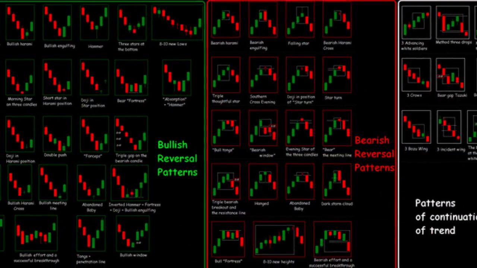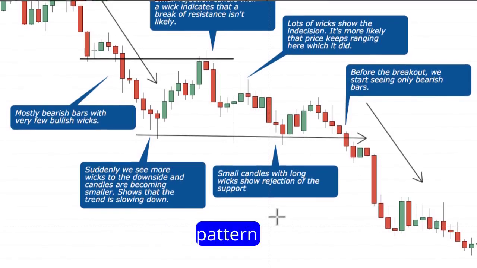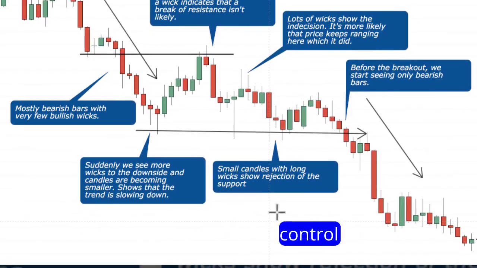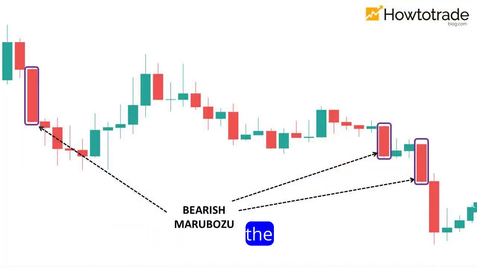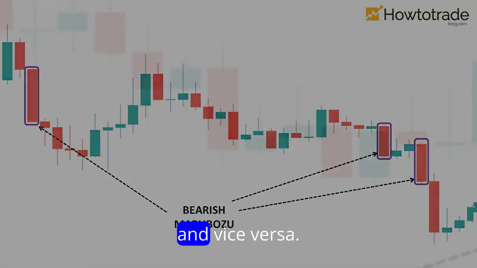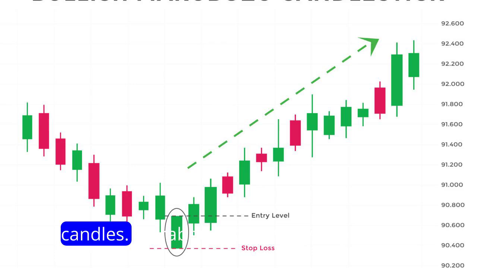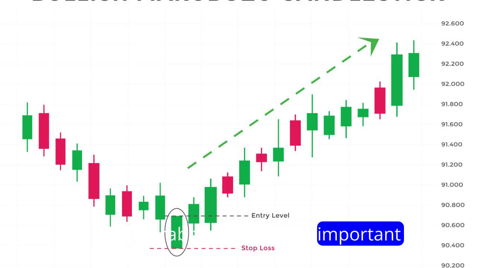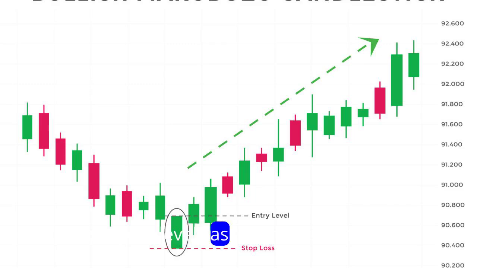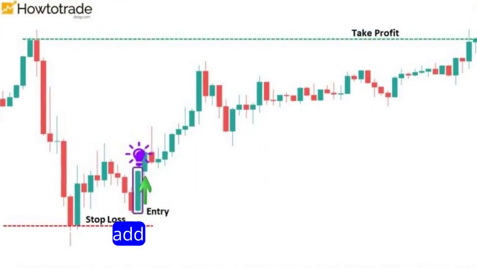For bearish Marubozu candles, the pattern signals that the sellers are in full control, as they dominated the session in the desired direction, and vice versa for bullish Marubozu candles. A Marubozu is especially important if the candle occurs near resistance or support levels, as it can open on one side and close on the other side, and further add to the current trend.